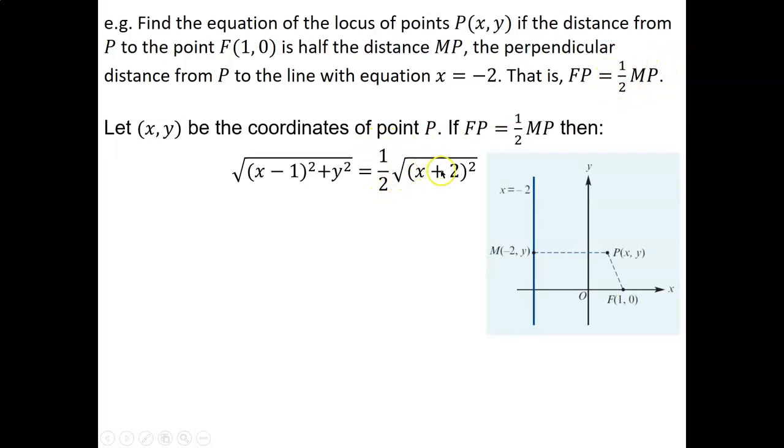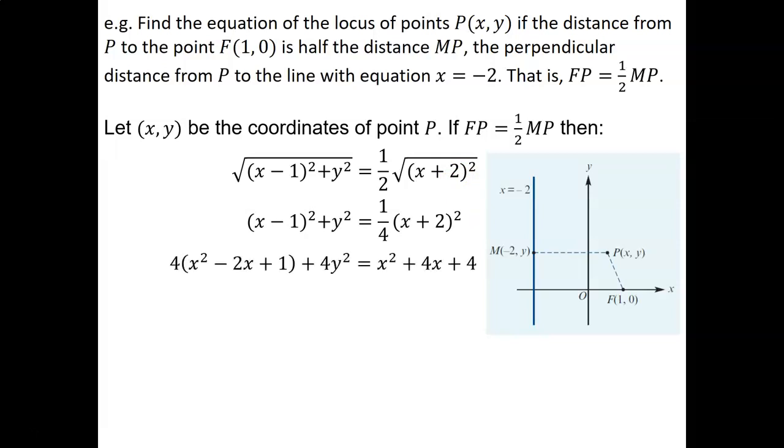So a half times the square root of x plus 2 all squared. And remember, this is useful to write it like this because I'm going to square both sides. So don't just write x plus 2. So I square both sides. Then I'm going to expand the brackets. And I've multiplied by 4 to get rid of the fraction.